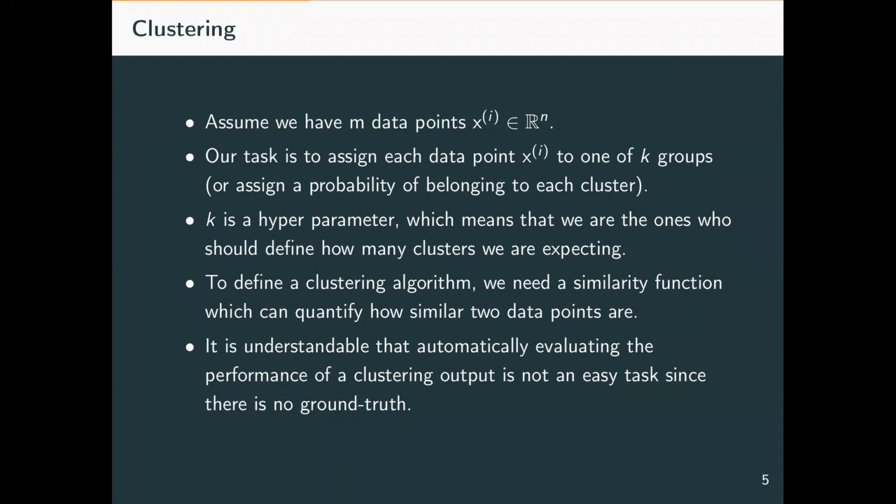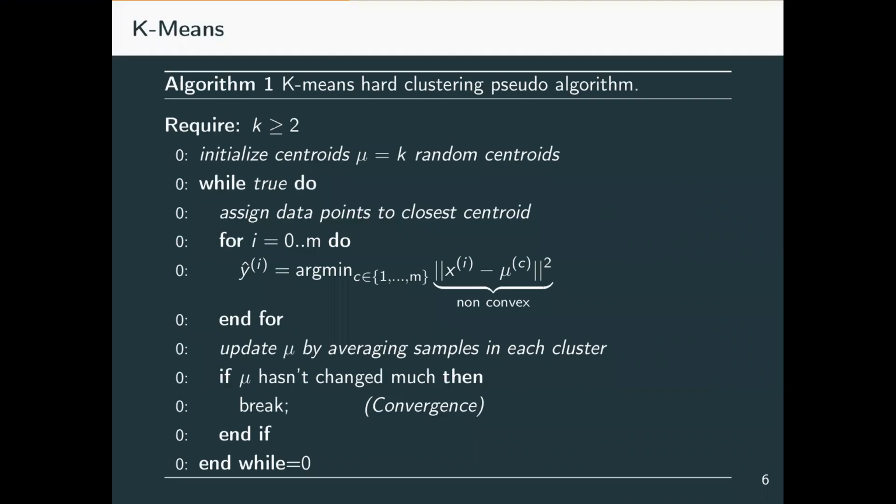If they are very similar, then maybe they belong to the same cluster. Since we don't have any labels, it's not easy to evaluate how good a clustering algorithm's outputs are, and we will see different ways of countering that.